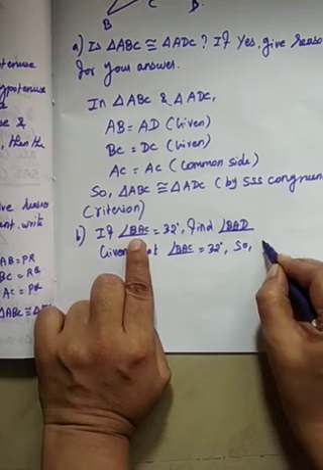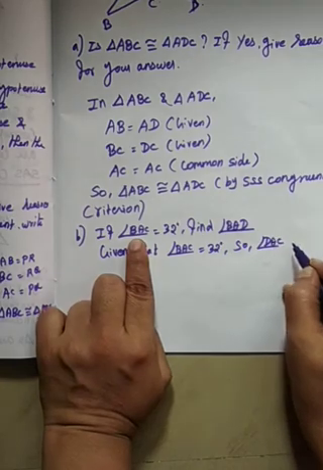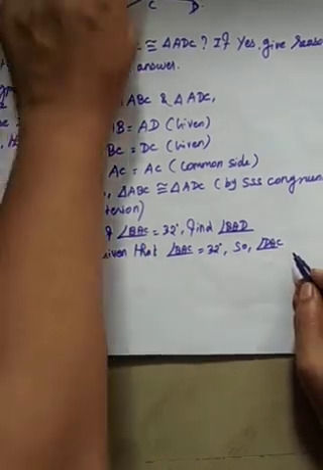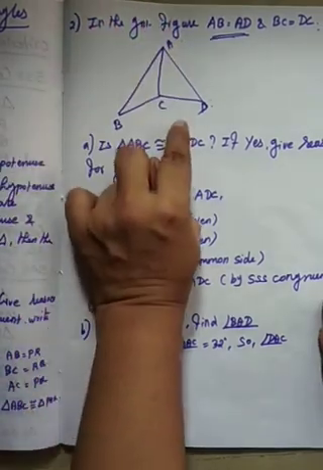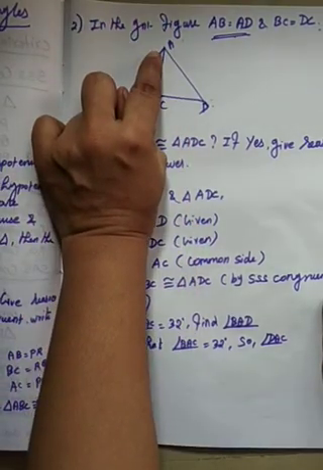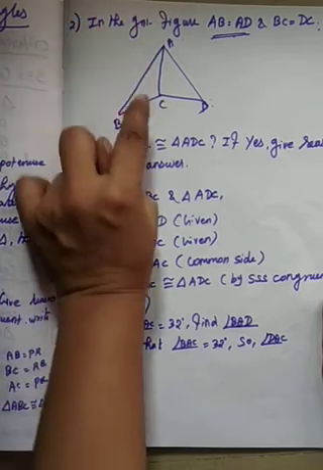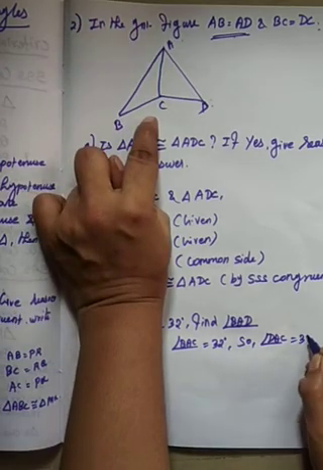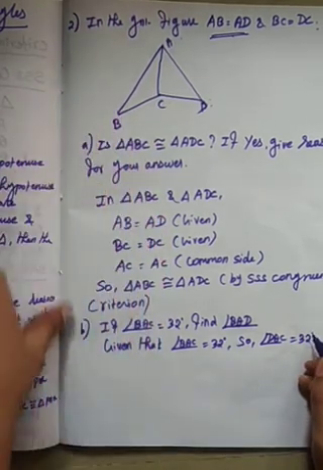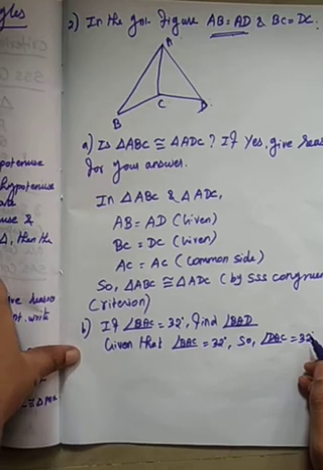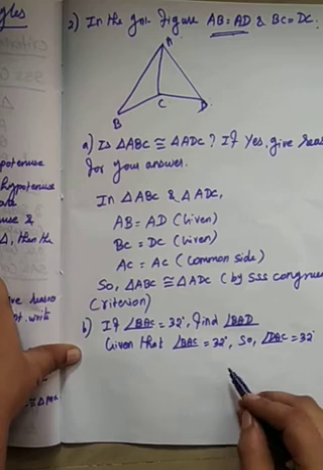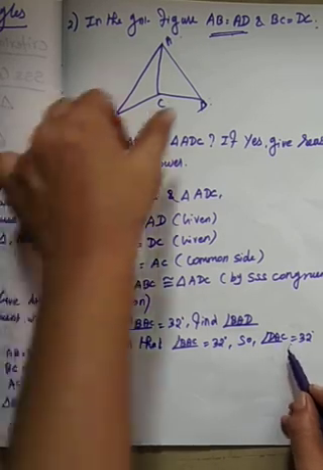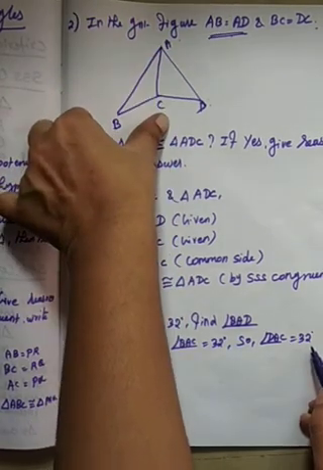So angle BAC is 32 degree, means angle DAC is also 32 degree, right? Why do you have to write angle DAC is equal to 32 degree?